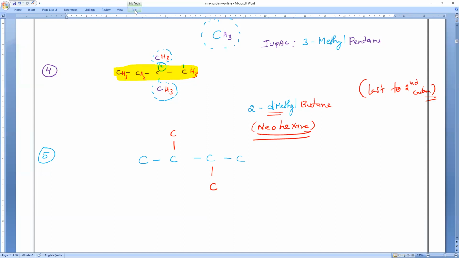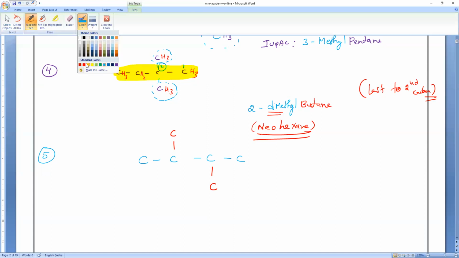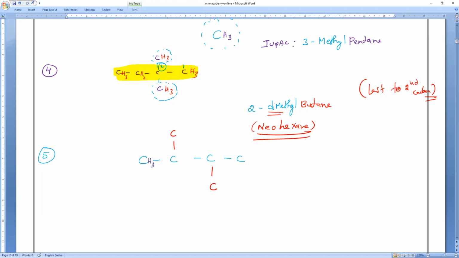What is the number of hydrogens for the first carbon? 3. Second carbon, 1, 2, 3 over. How many remaining? 1. This carbon, 3. This carbon, 1, 2, 3 over. How many remaining? 1. And here how many? 3. Last carbon also 3.